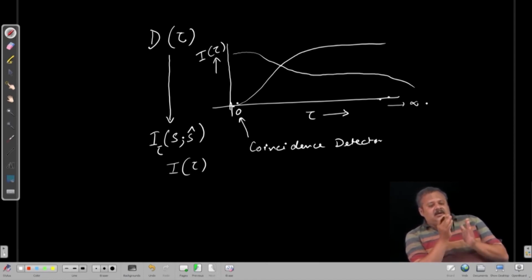Or in other words, only when the spikes coincide in the two cases can the neuron not be able to discriminate.